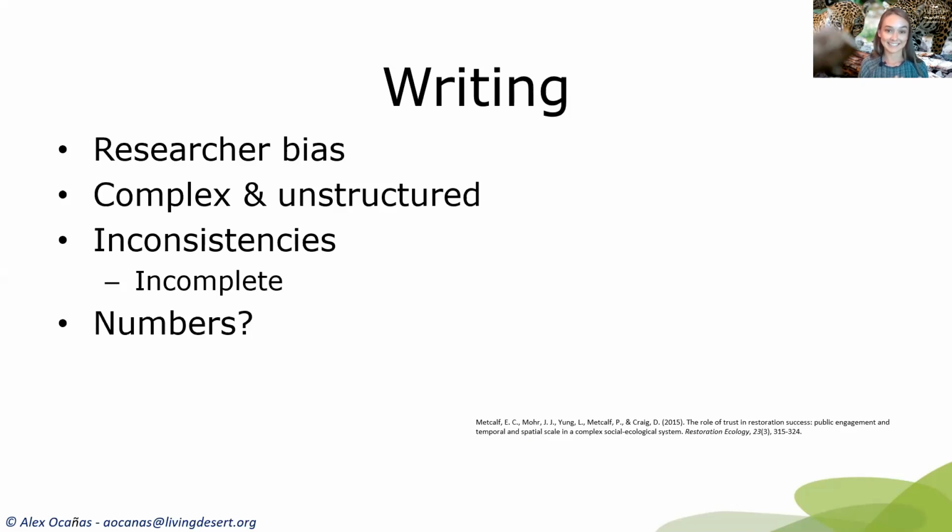So back to this idea of inconsistency. Remember that not everyone maybe got the same question in the same way, or they didn't respond to it in the same way. So it can be misleading to say 70% of respondents disagreed that blank, when not all of your respondents were presented with that question in the first place.